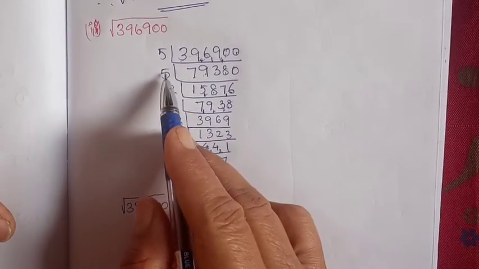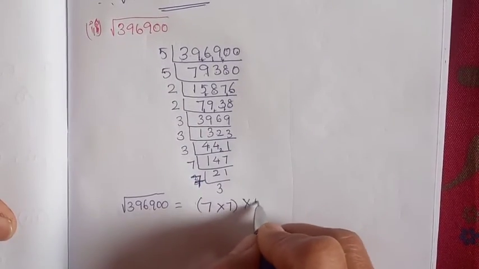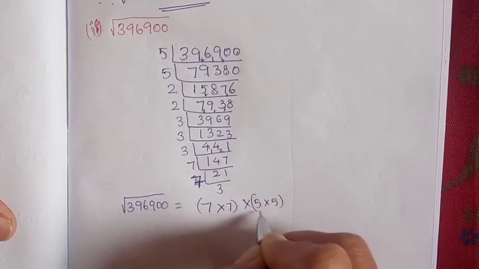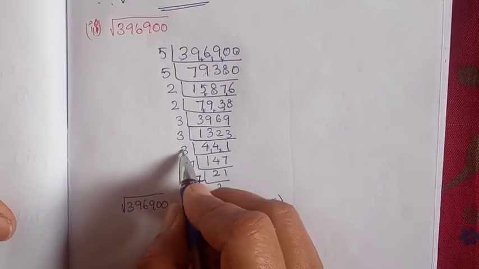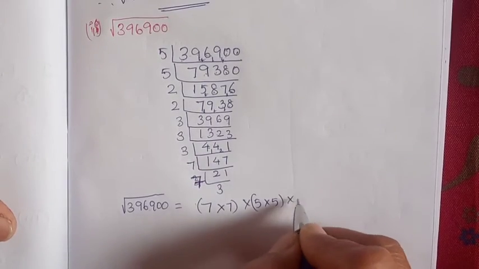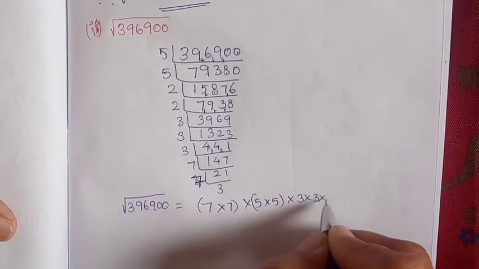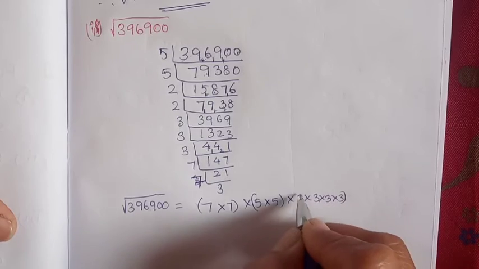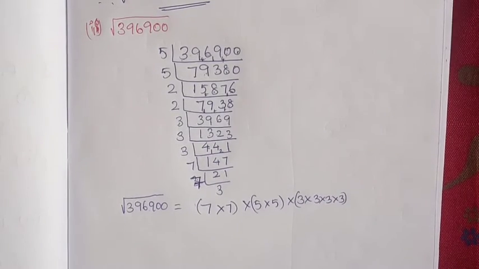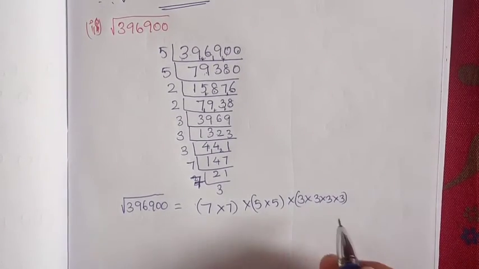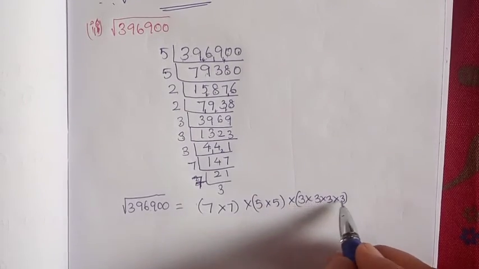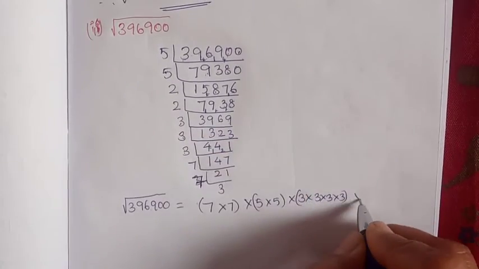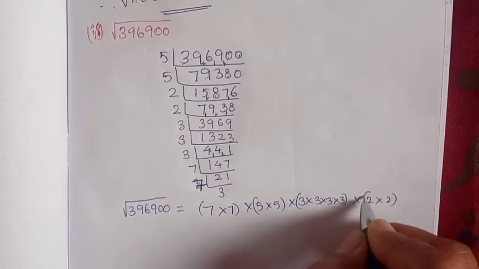Next 1, 2, 5s are 2. Next we'll write 3. How many 3s are there? 1, 2, 3, 4. This is better. You can understand easily and you can write every number properly. Last one are 2 into 2.